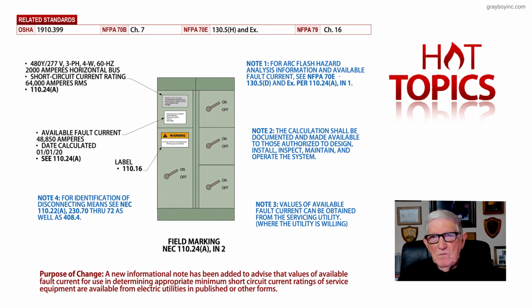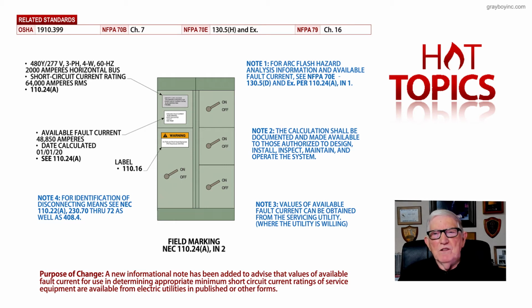Now, Note 1 to this just talks about the arc flash hazard analysis information and available fault current should be provided, and that should be in NFPA 70E 130.5(H) as outlined and required in 110.24(A). Informational Note 1 and 2 talks about it.